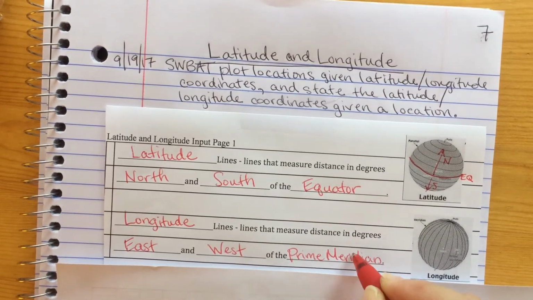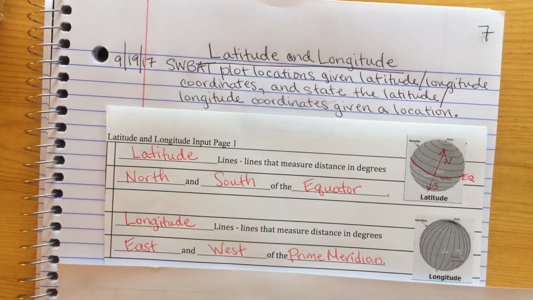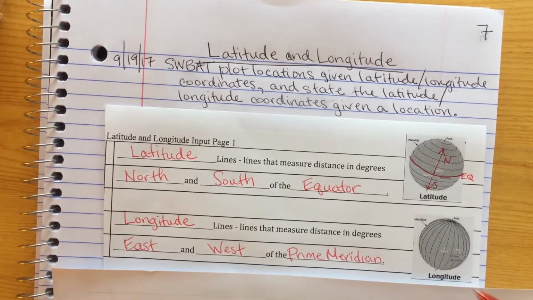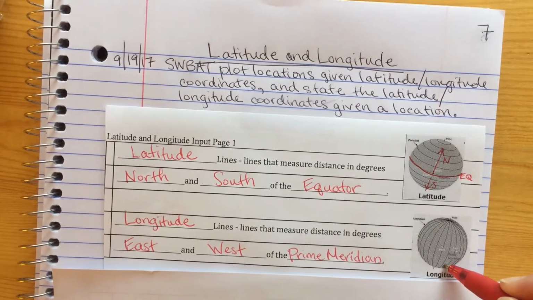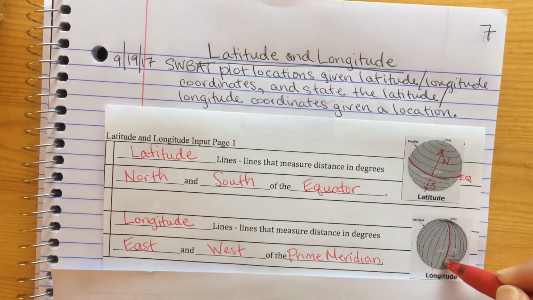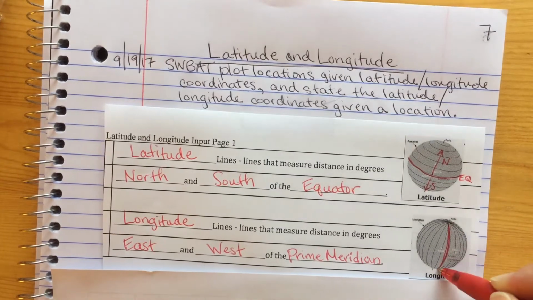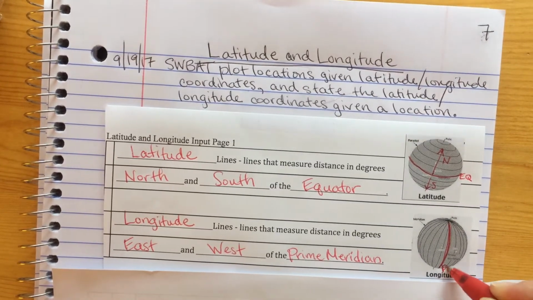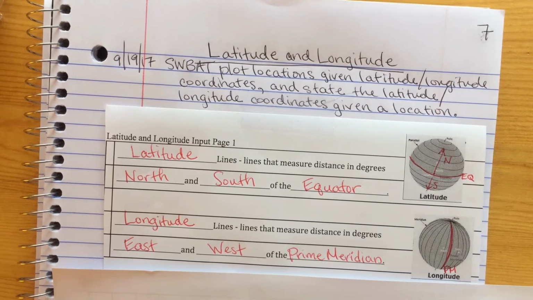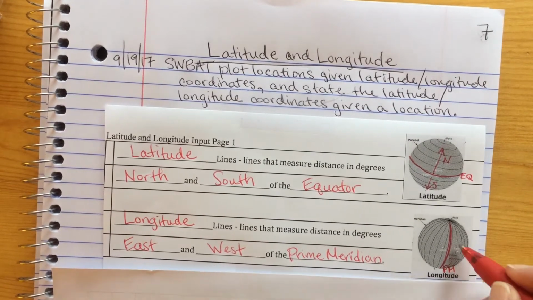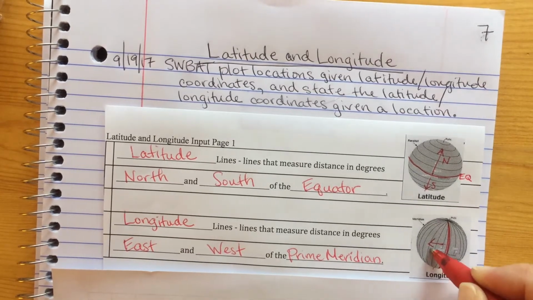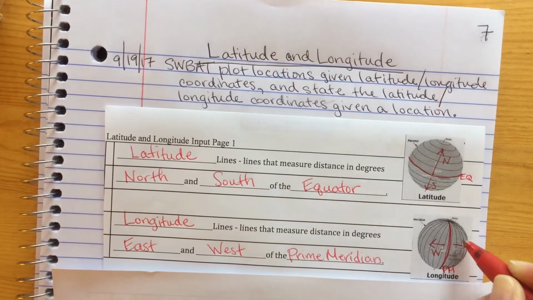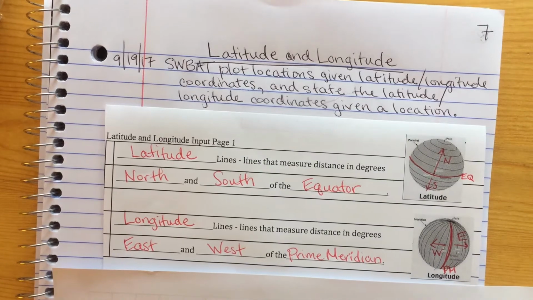Now hopefully this sounds familiar to you, that you learned this in middle school, or maybe even before that. But here's our diagram of longitude, and here is our prime meridian right here. So I would highlight that, maybe put PM next to it so you know that that's the prime meridian. And then these are the longitude lines. These are measuring west, east of the prime meridian.